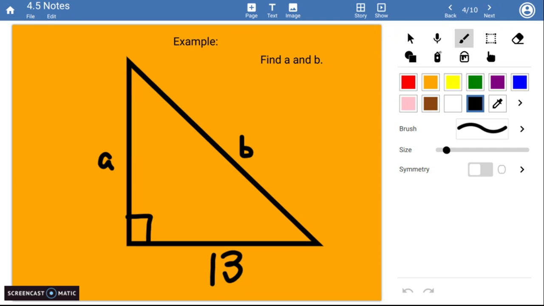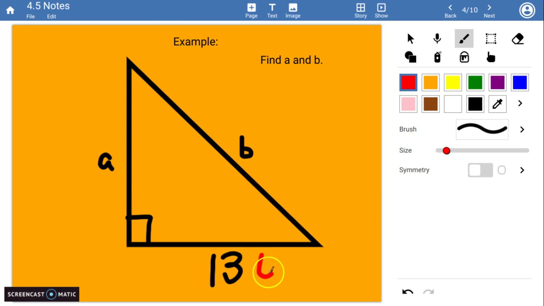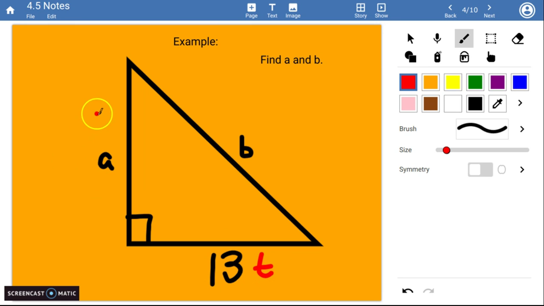So find A and B. Like I said, the steps are label, solve, and plug in. First, label. We know that the legs are represented as T, and the hypotenuse is represented as T times the square root of 2. If we know these are equal, we can know that A is 13.